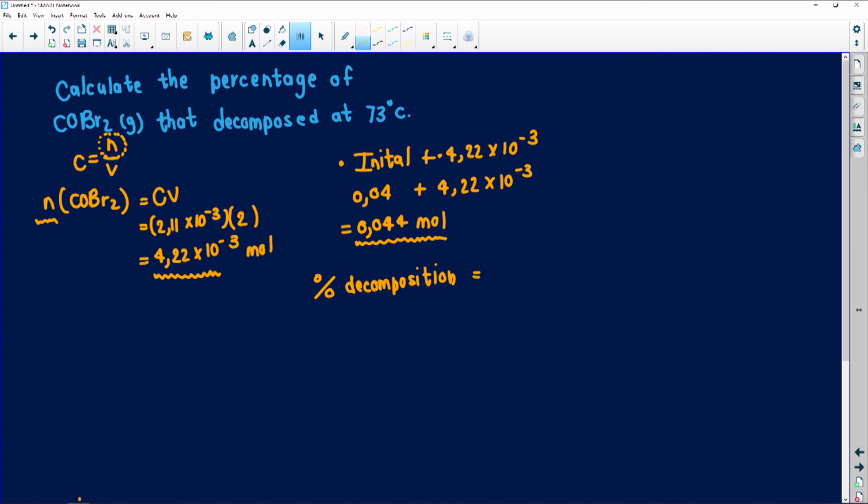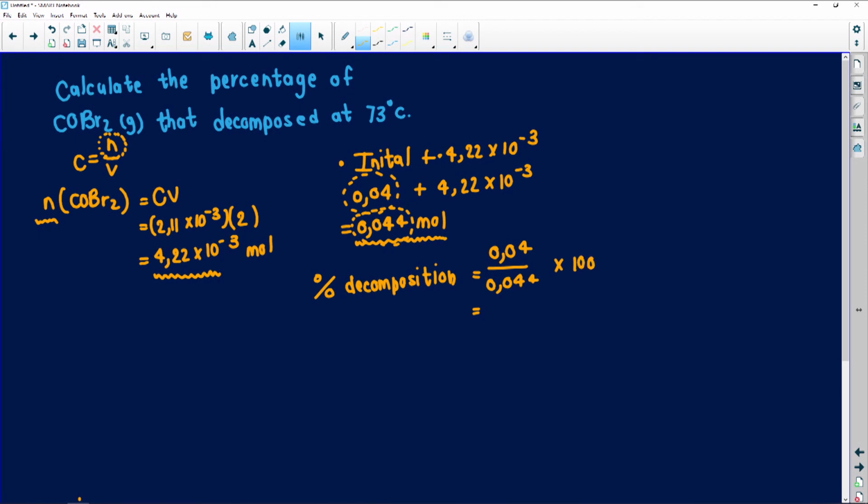So then I'm going to say, what did I have before, which is my 0.04, and what did I have at the end, which was this one. Remember, that's now in my moles, which will be 0.044. And you must multiply that by 100% because we are looking for percentage.